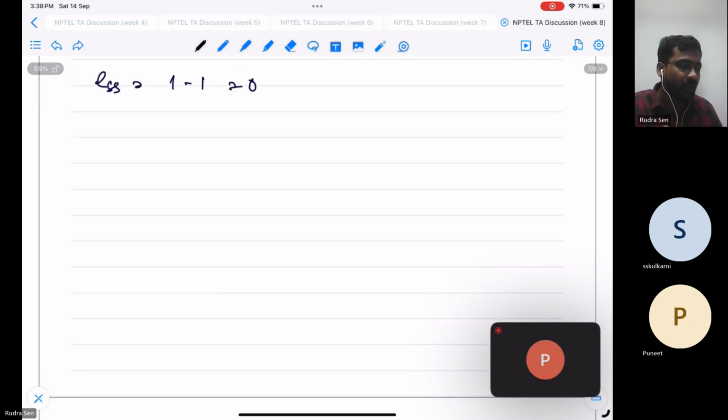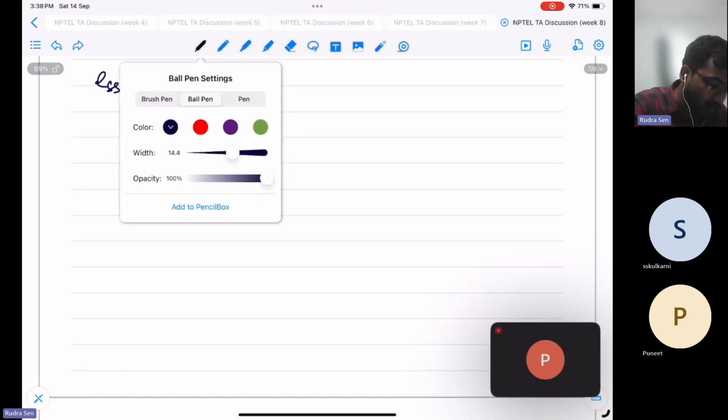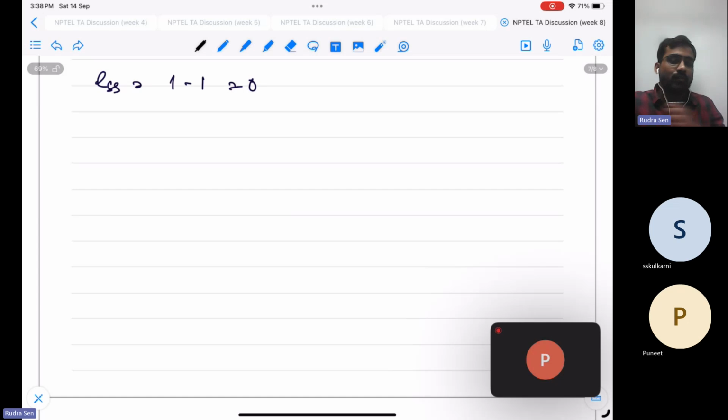Okay. Now, in the previous class, we have talked about stabilizability. We have said that if the system is not fully controllable, the system is said to be stabilizable if the uncontrollable modes, those states that are uncontrollable, are stable.